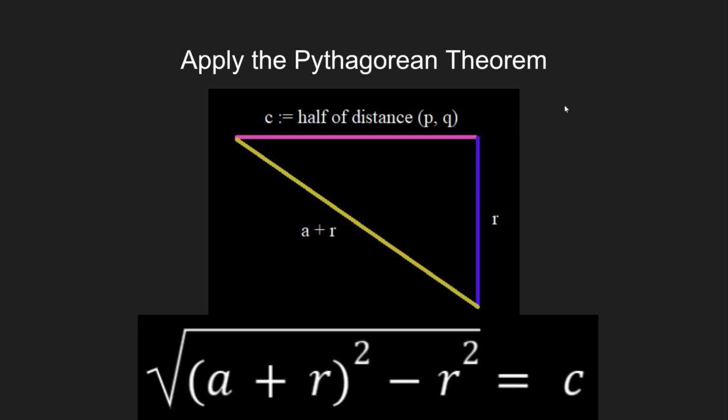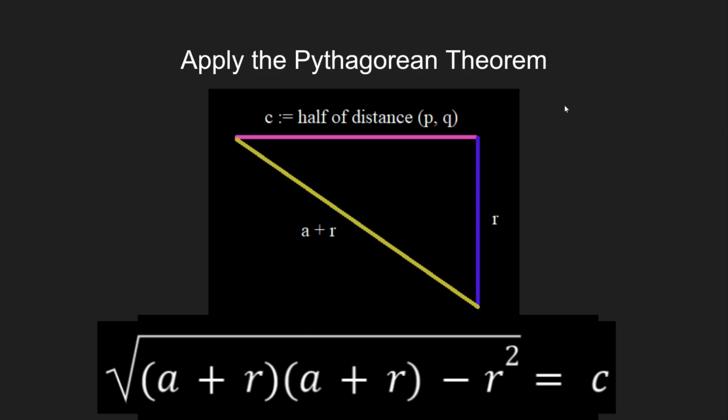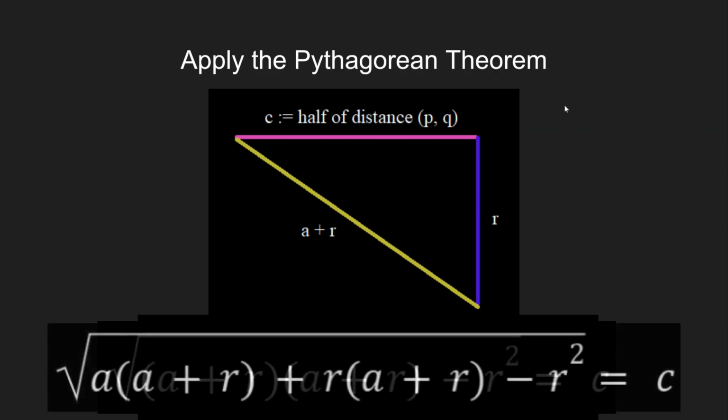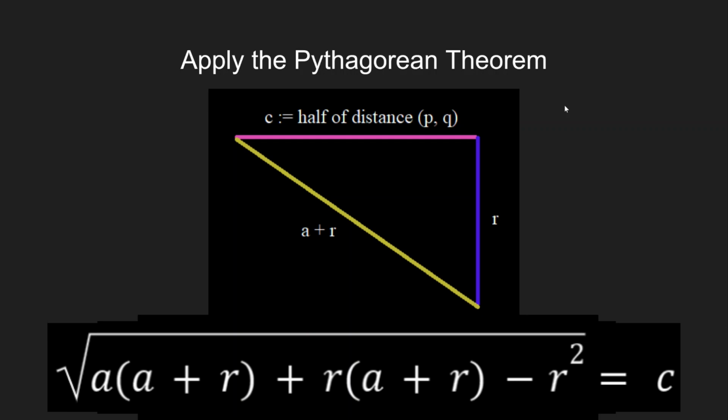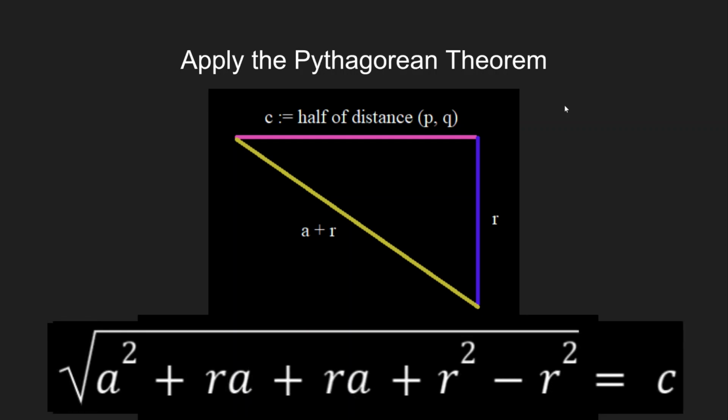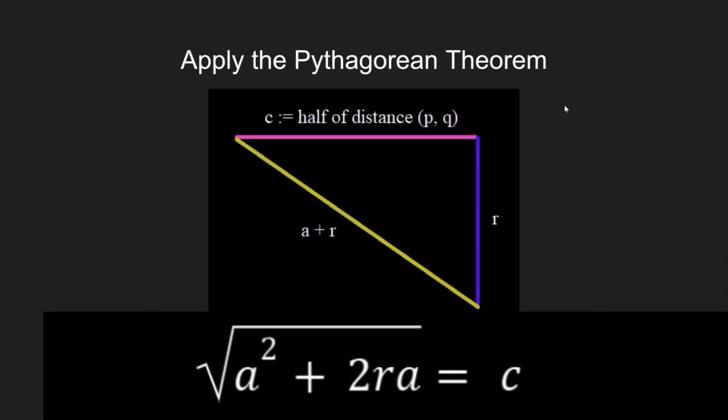So let's expand out by our definition of squared, distribute that monomial over the monomial, distribute the constant over our monomial, and combine like terms. And we get this formula in simplest terms.